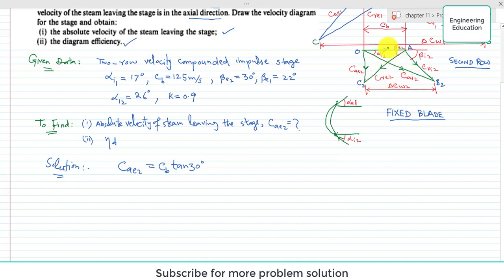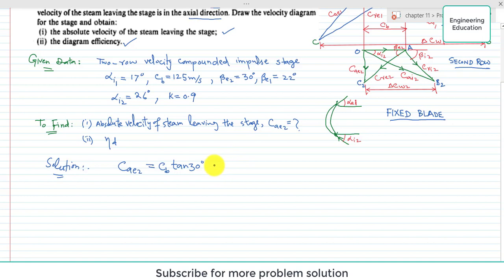As we discussed in previous problems, there are two techniques to solve these kinds of problems. First is to draw these triangles to the scale, and graphically we get the values from these triangles. Second method is using trigonometric and analytical approach to find missing things or terms. So we are using the analytical method for this problem for greater accuracy.